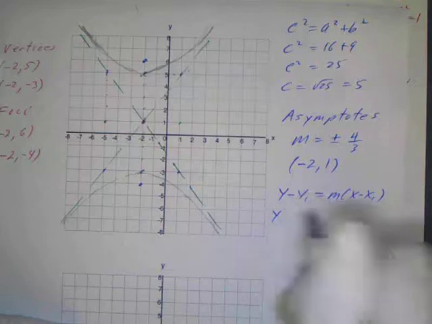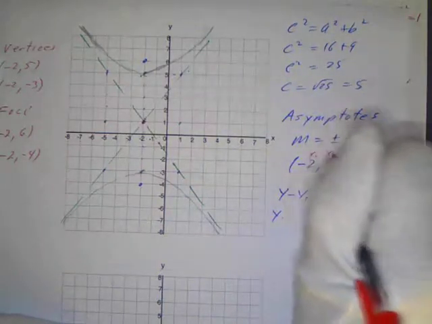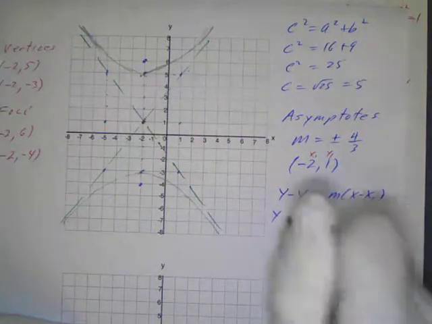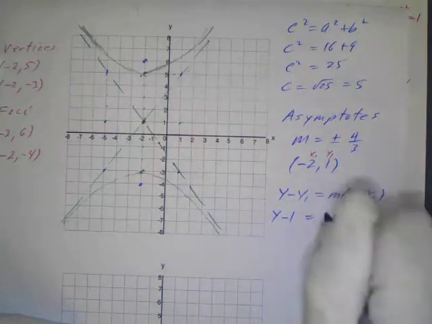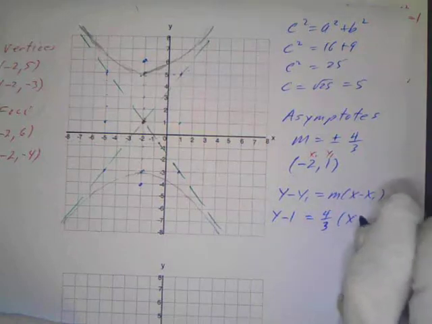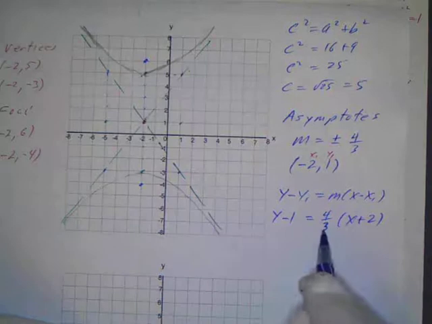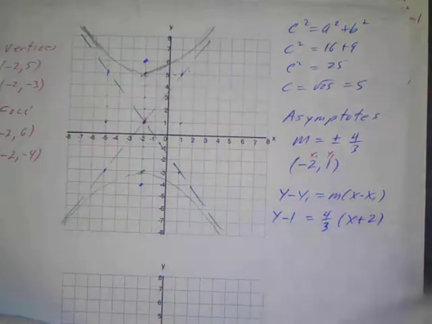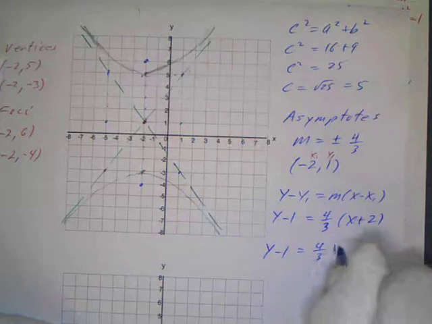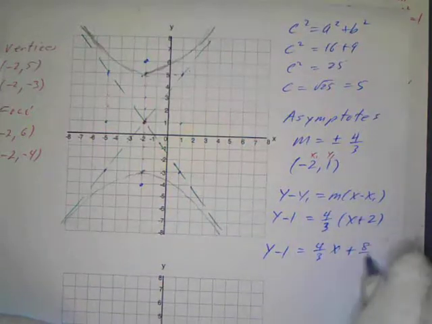And this is my x1, y1. So y minus 1 equals 4/3 times x plus 2, because minus negative 2 is plus 2. And the other one will be just the same thing except negative. So multiply this out. 4/3 times 2 is 8/3.